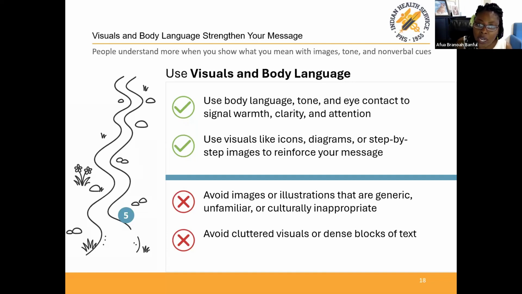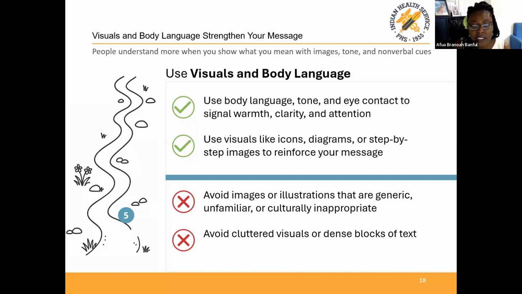But even as you are simplifying using visuals and body language, there are certain key things that you need to be wary of. You need to be culturally and situationally appropriate. So if you are using illustrations on unhealthy foods, or actually let's flip it to make it healthy foods, you should put foods that are going to be recognizable, right?